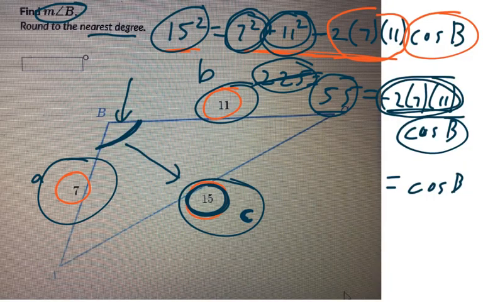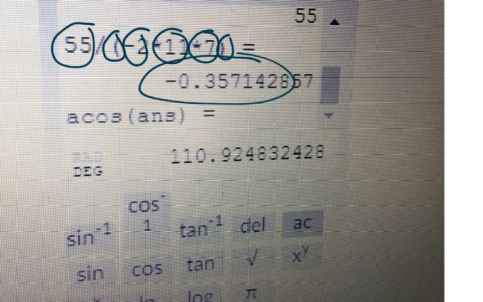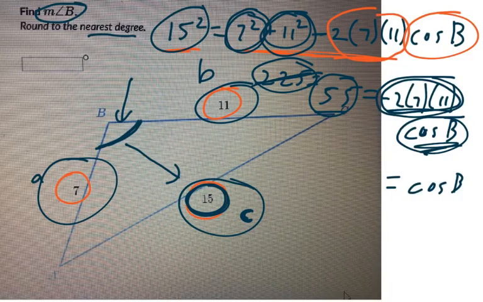Again, that's this right here, right? I'm dividing that into 55. That's going to give me cosine B. So I got negative 0.357 and some change. So I now know that this is negative 0.357 and so on, right? And to solve it, I'm going to do cosine inverse on both sides, because that's going to give me my big B.